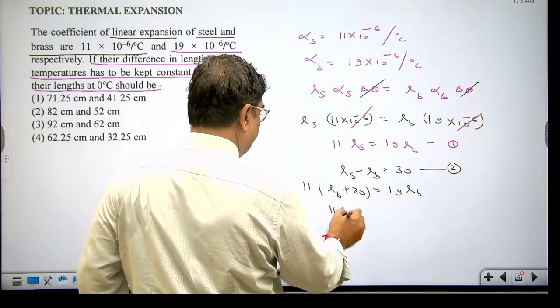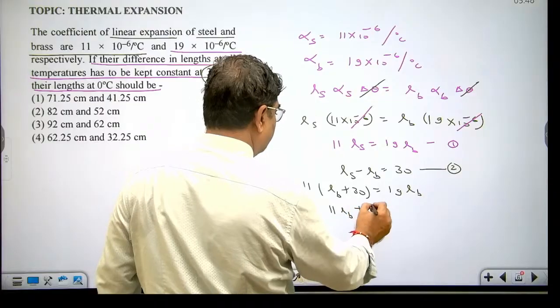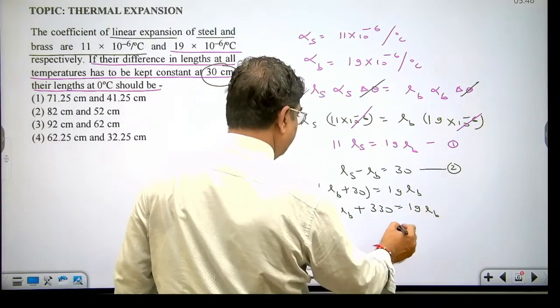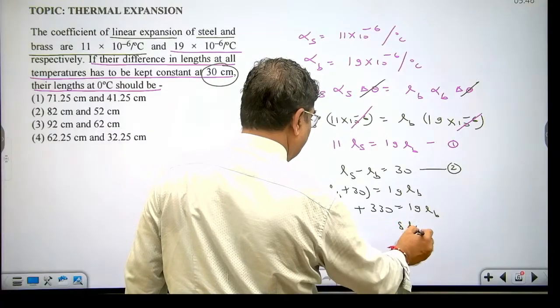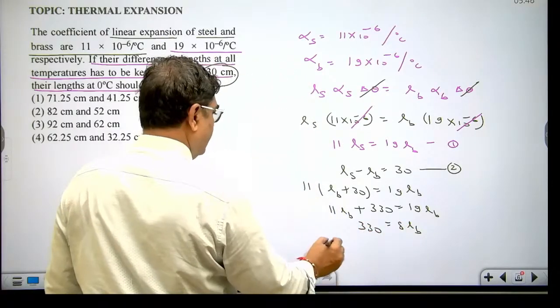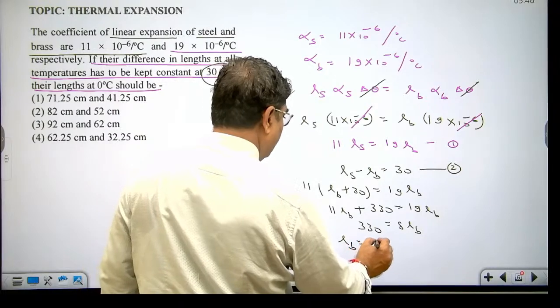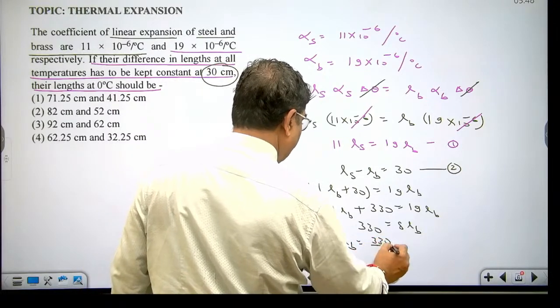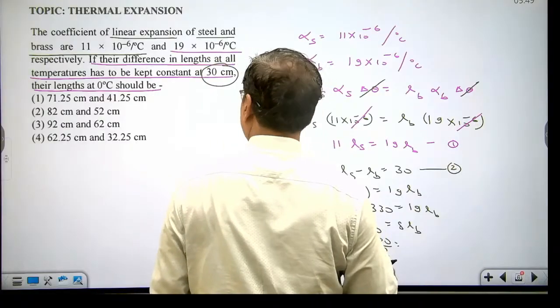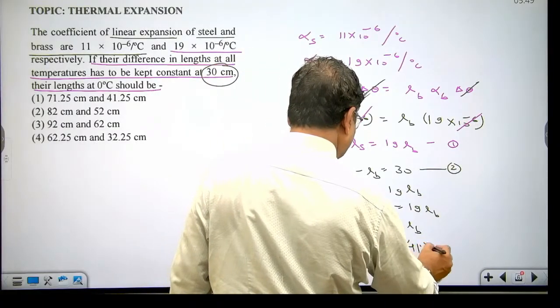After solving this, we get 11 LB plus 330 equal to 19 LB. 8 LB equal to 330. After solving this, we get LB equal to 330 upon 8. This is 41.25 centimeter.